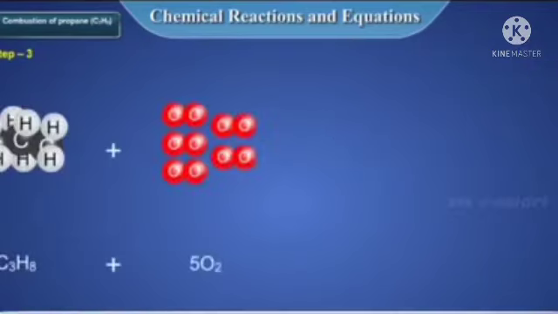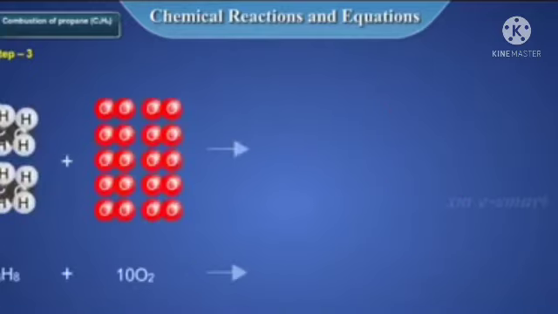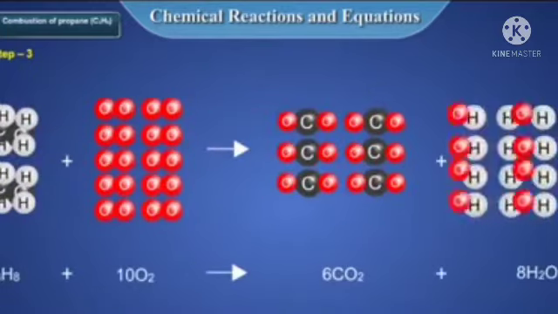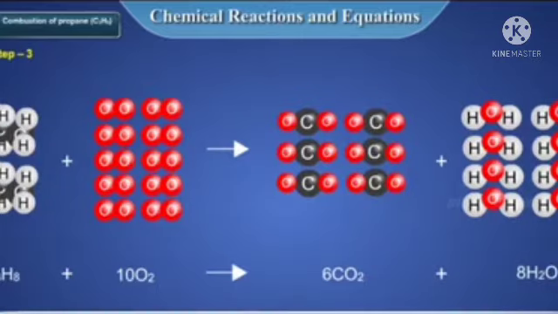Step 3. The coefficients are reduced to their smallest whole number values. The coefficients in smallest whole numbers: C3H8 plus 5O2 gives 3CO2 plus 4H2O. There is no need to reduce these coefficients. Suppose it were 2 propane plus 10 oxygen gives rise to 6 carbon dioxide plus 8 H2O.